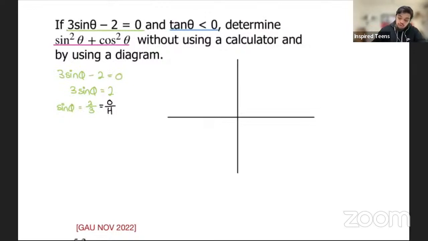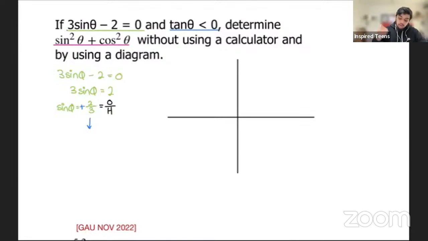For that, we can use two things. The first thing we use is the fact that we have positive sine theta.